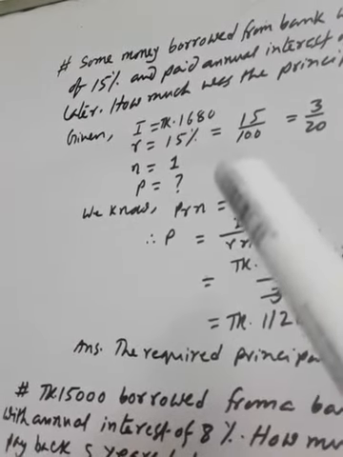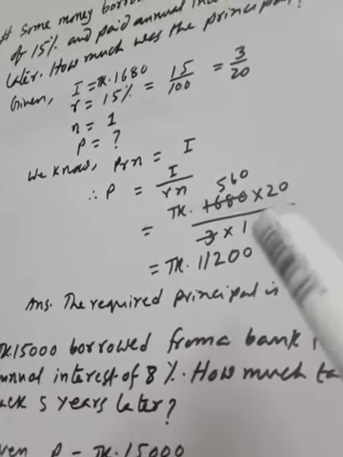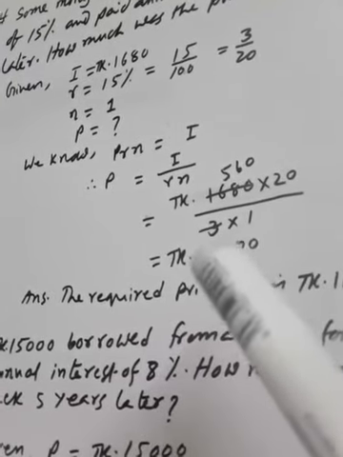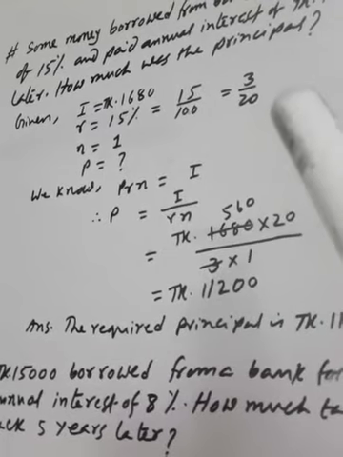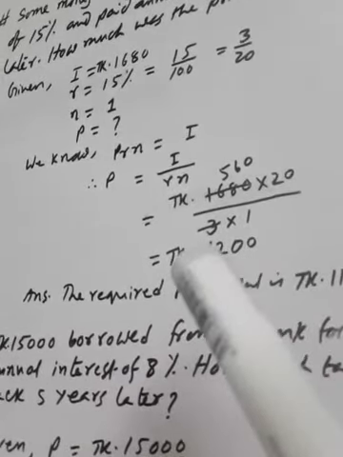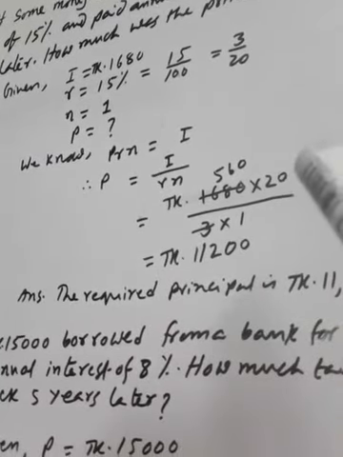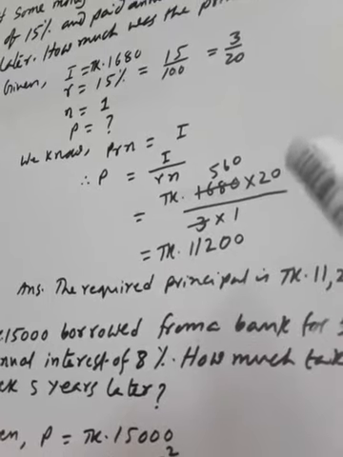We have to find out the principal. Principal equal to what? P. We know the formula PRN equal to I. Therefore, P equal to I by R multiplied by N. I is given as 1680 and R equal to 3 by 20. 3 divided by 20, if we multiply, it will be reciprocal. 3 will be here and 20 will go up.